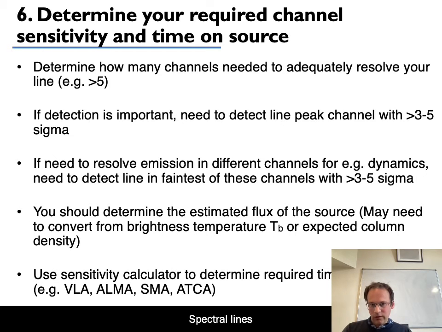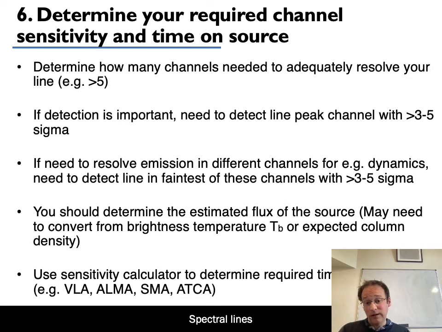Now, once you've got the frequency setup that you need, so the spectral resolution, importantly, and the bandwidth, then you're going to need to think about the sensitivity. So how long are you going to need to observe? What integration time do you need to get a detection for a given spectral line in each of those channels? For a continuum observation, you think about the total bandwidth and the signal to noise in that bandwidth.